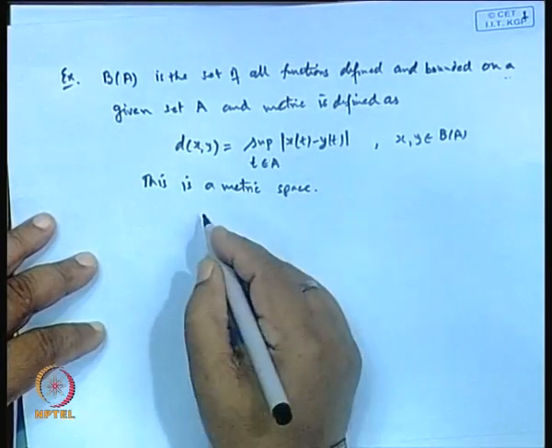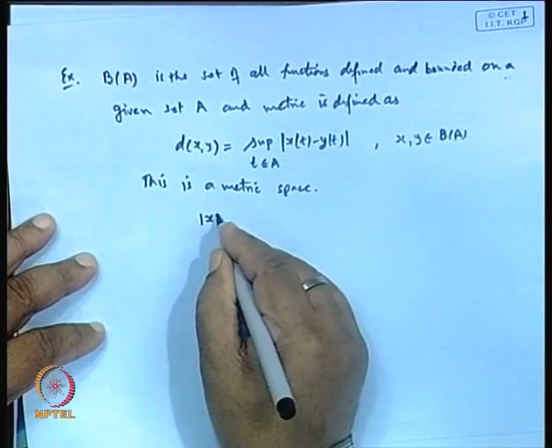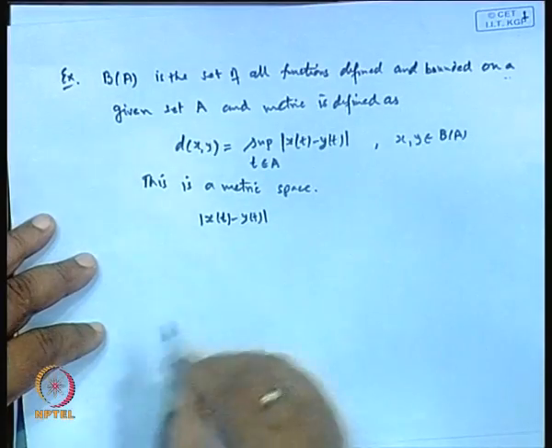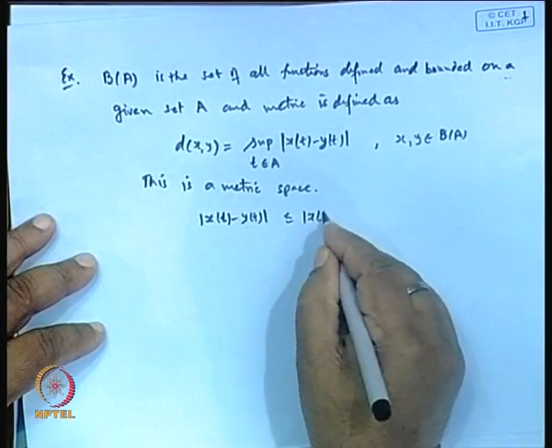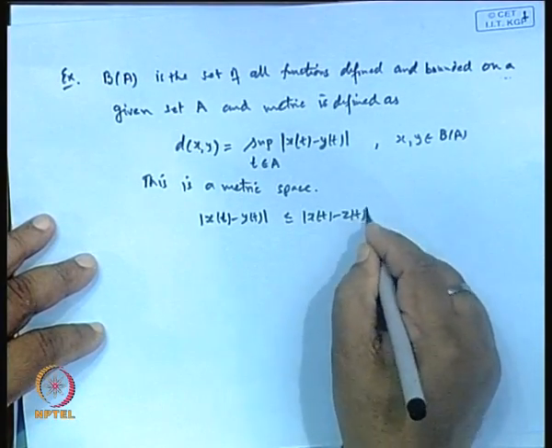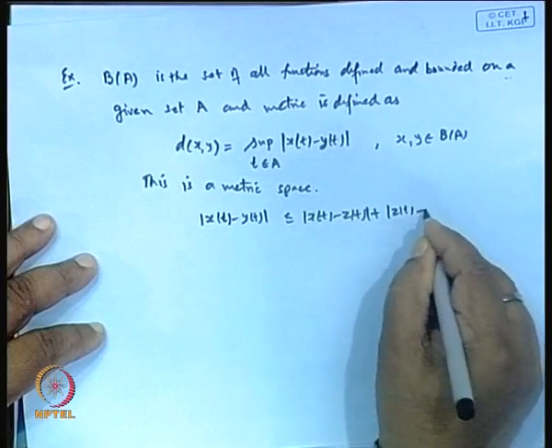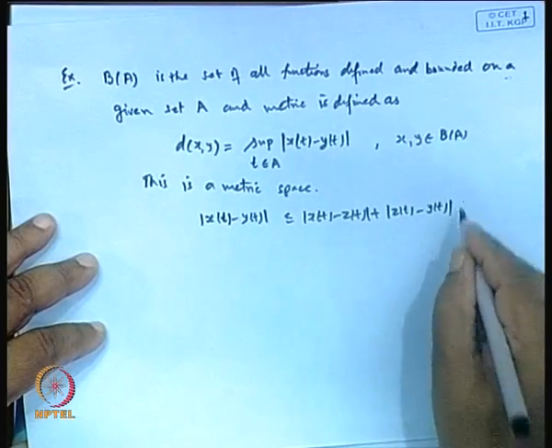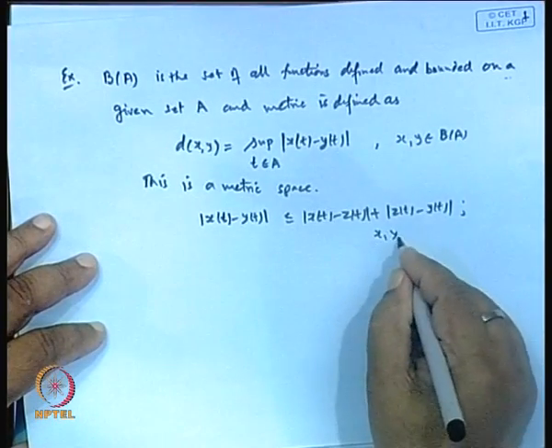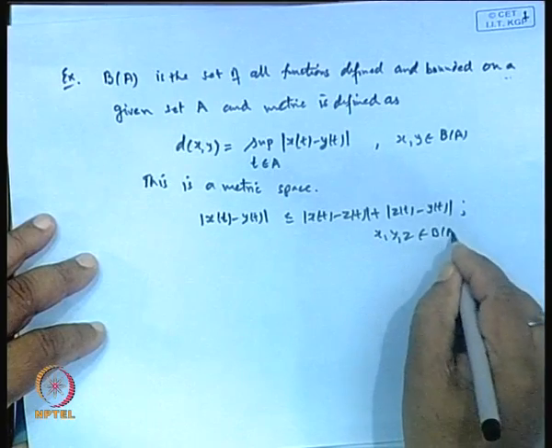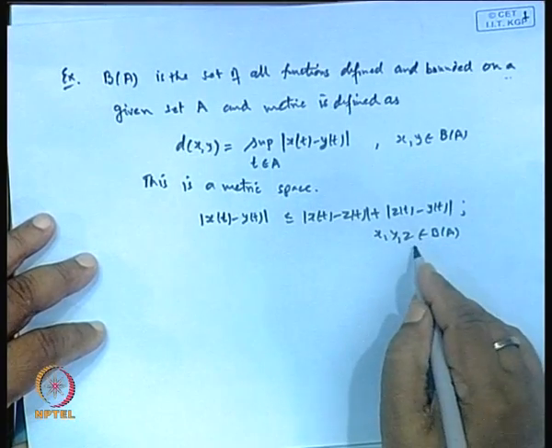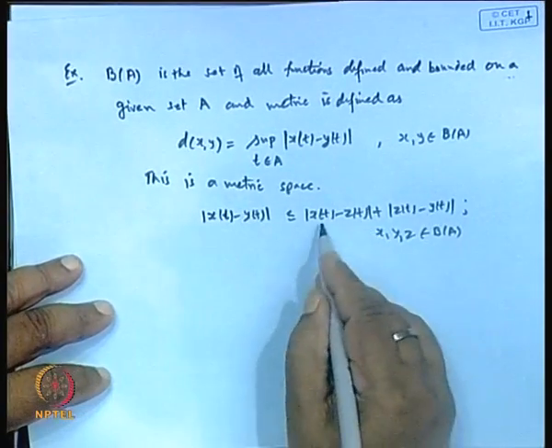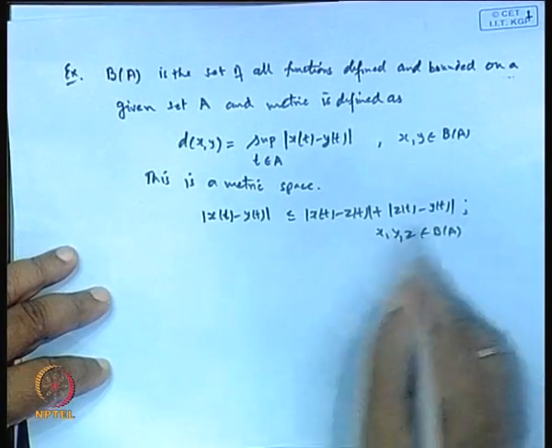And the fourth one can easily be seen if I break up this part: mod of x of t minus y of t is less than or equal to mod of x of t minus z of t plus mod of z of t minus y of t, where z is any other element. These are the points in B of A, the set of all functions defined and bounded over A. Now, take the supremum over t on the right hand side.